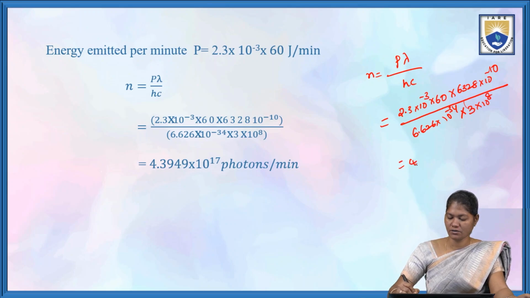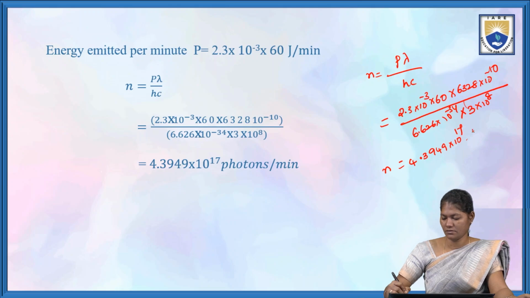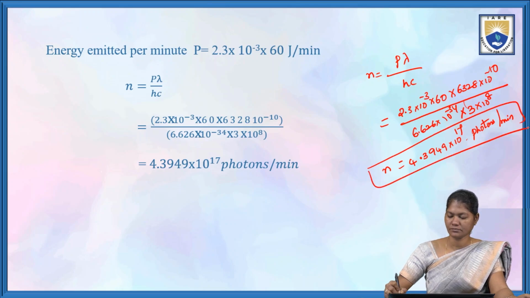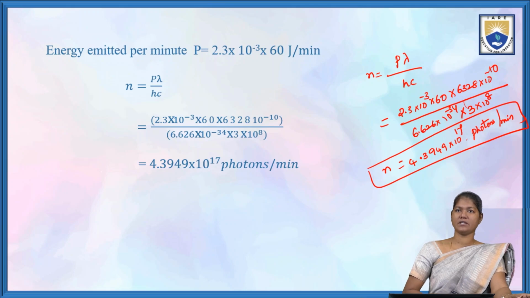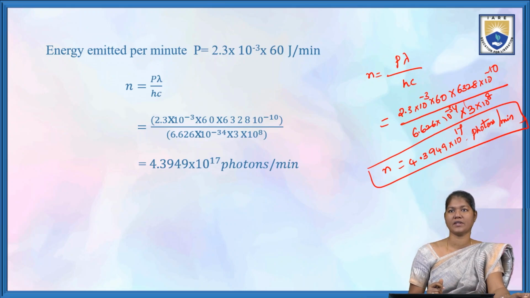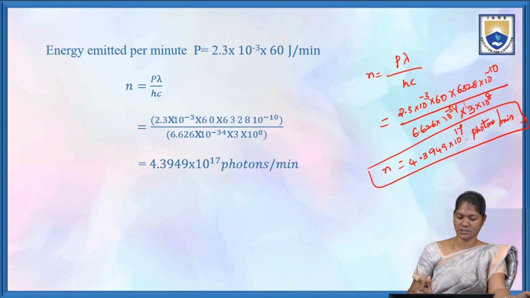Calculating this we get 4.3949 into 10 power 17 photons per minute. So the number of photons emitted in each minute is 4.3949 into 10 power 17.